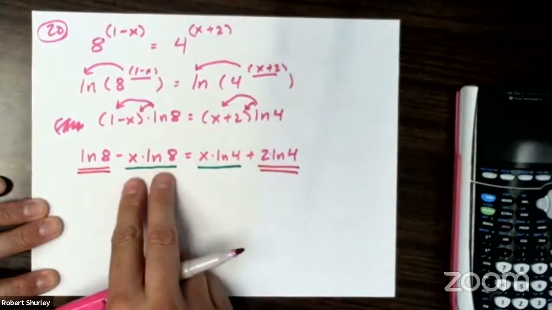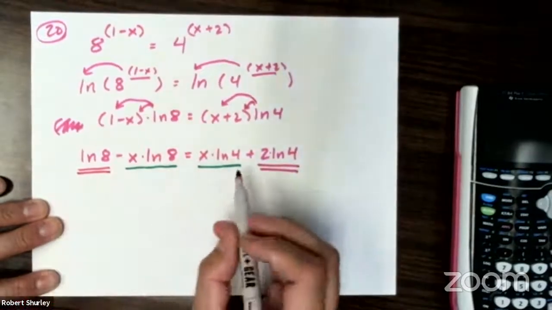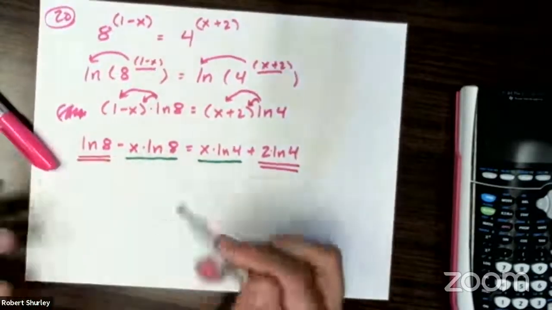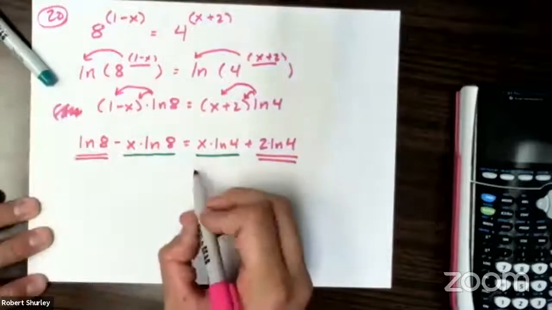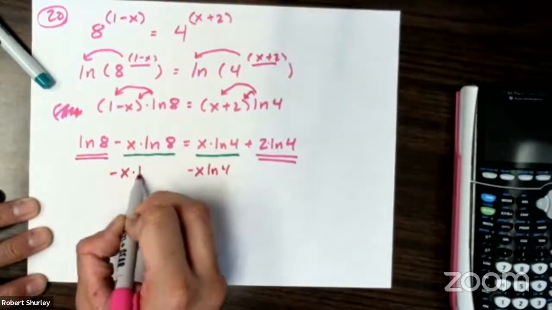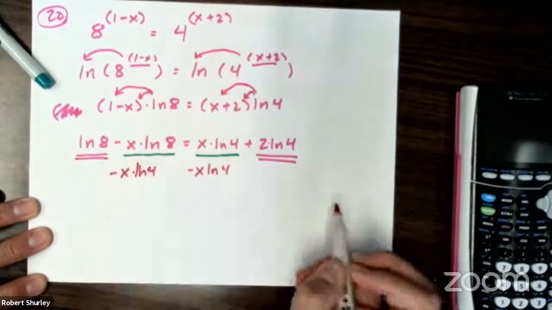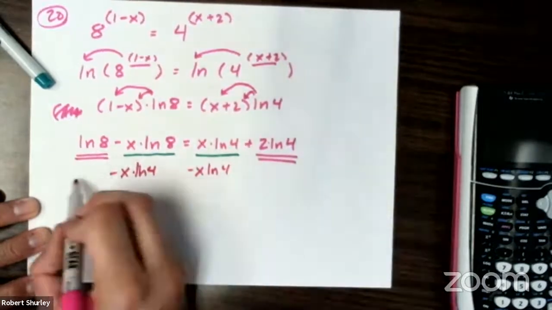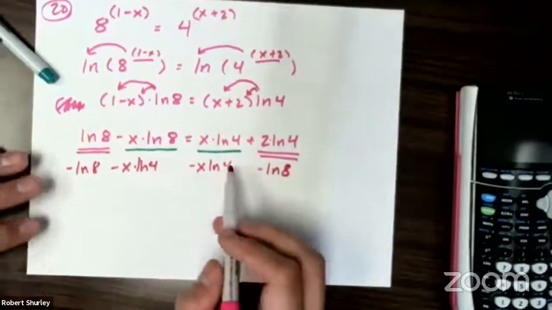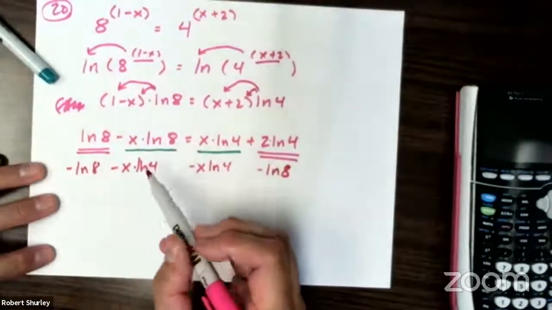Okay, so I'm going to bring all my x's to the left. So I'm going to move this x ln 4 to the left. So I'm going to subtract x ln 4 over here. But then I'm going to move this ln 8 to the other side. So I'm going to subtract ln 8 to the other side. So what I've done is if it has an x, it's on the left-hand side now.